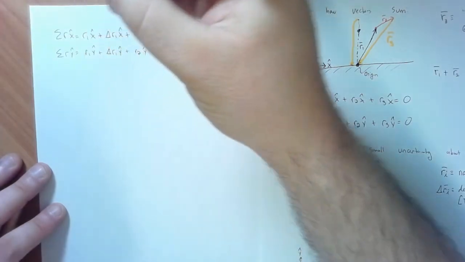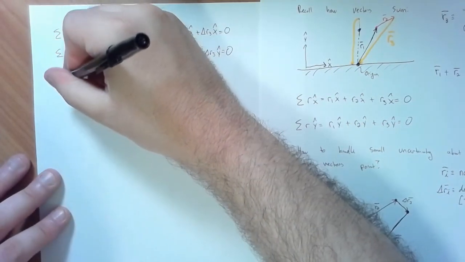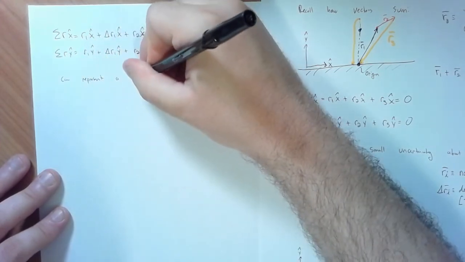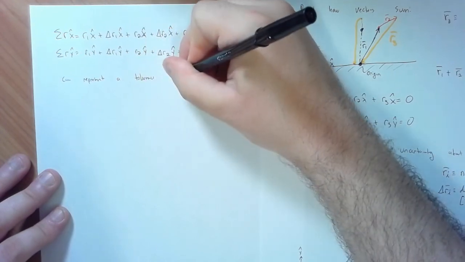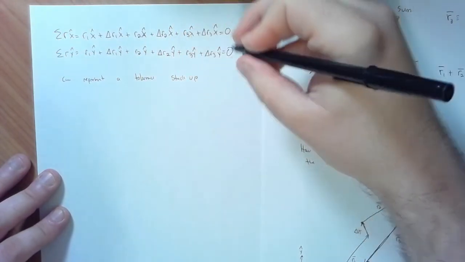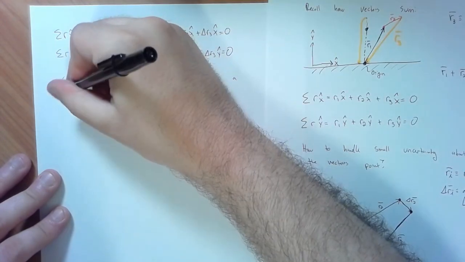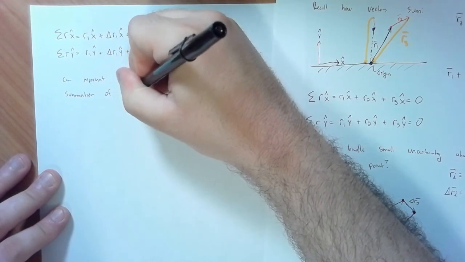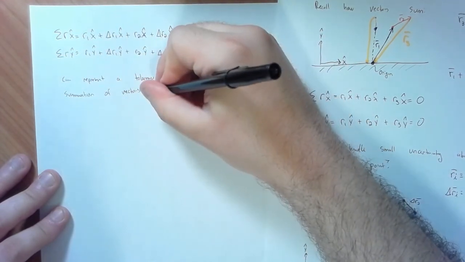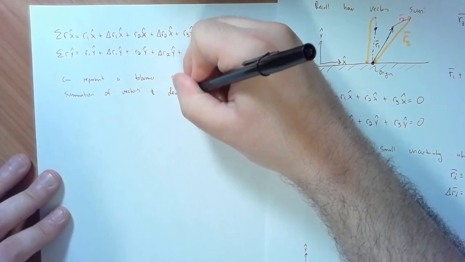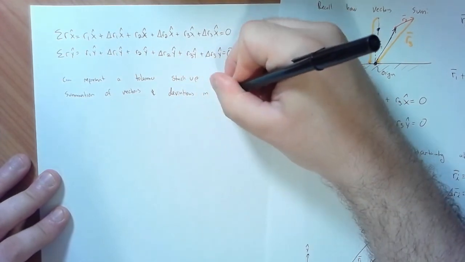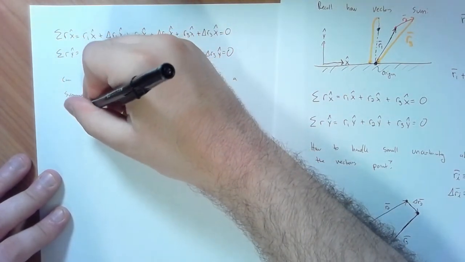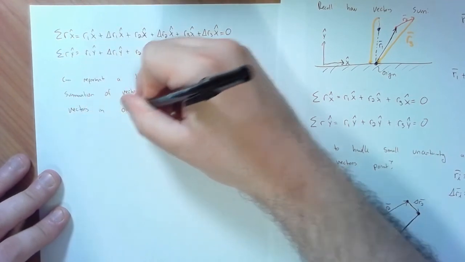So the final result for our purposes is that we can represent a tolerance stack up as a summation of vectors and the deviations in those vectors in one ordinate direction.